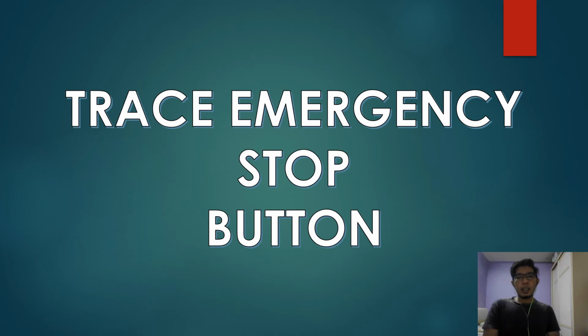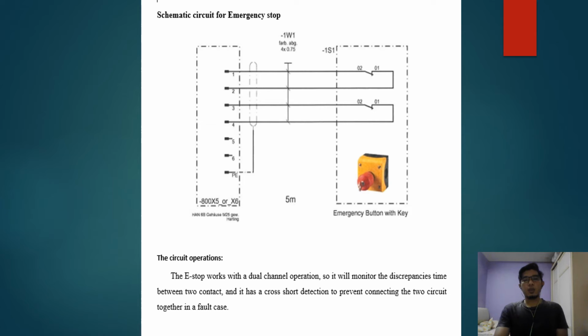Okay, after that, we continue to trace the emergency stop button. As we can see on the slide, this is the schematic circuit for the emergency stop. The emergency stop works with dual channel operation, which is 01 and 02.